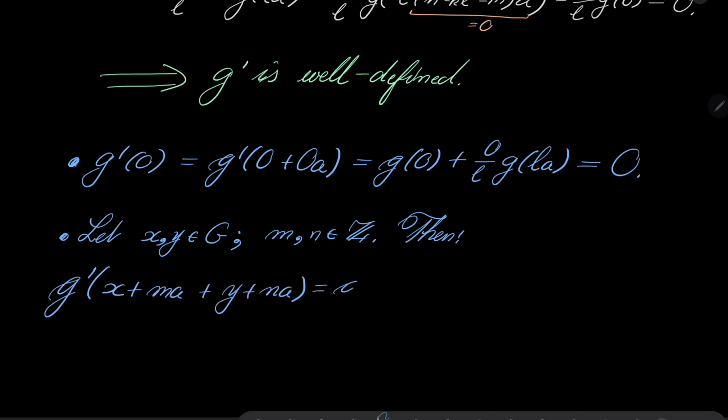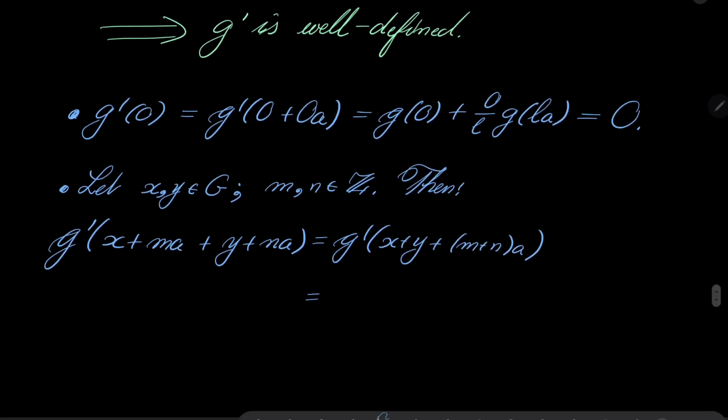We can group it in the following way: x plus y plus m plus n times a. Now, using our definition, it's the same as g of x plus y plus m plus n over l g of la.